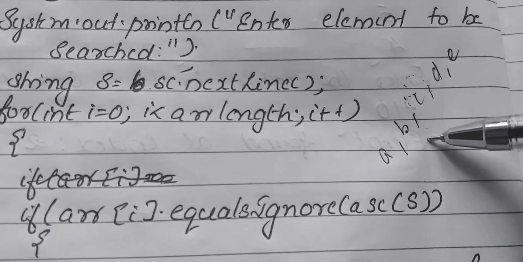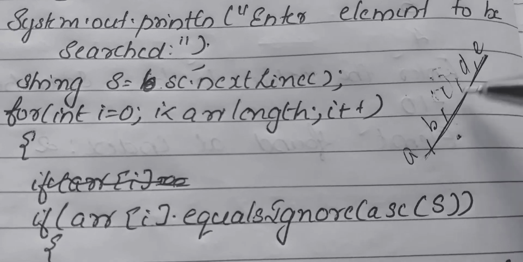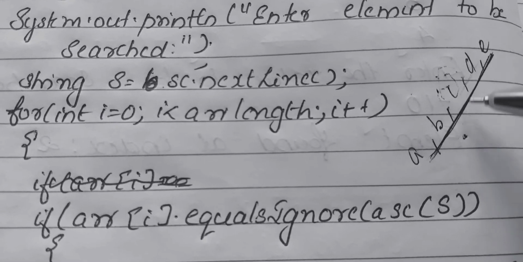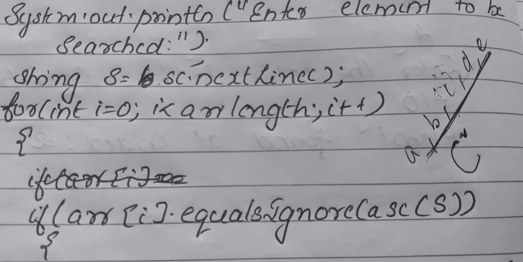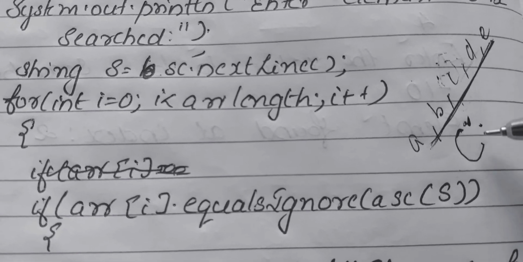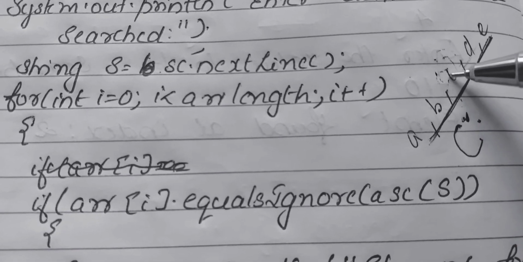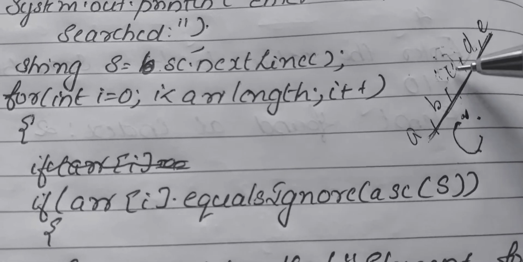How did I declare c? It is a small letter, isn't it? Suppose I have given the search element as capital C. Here the search element is combined with the elements in the array. The search element is capital C and the element in the array is small c.